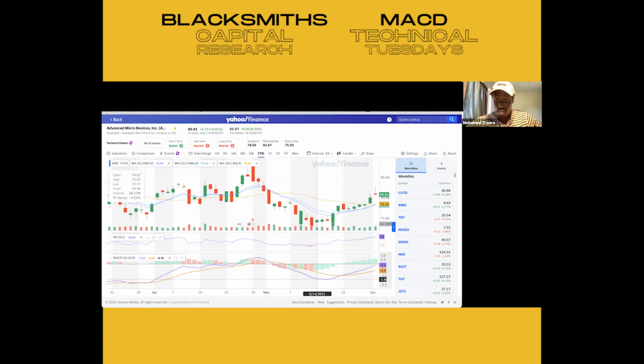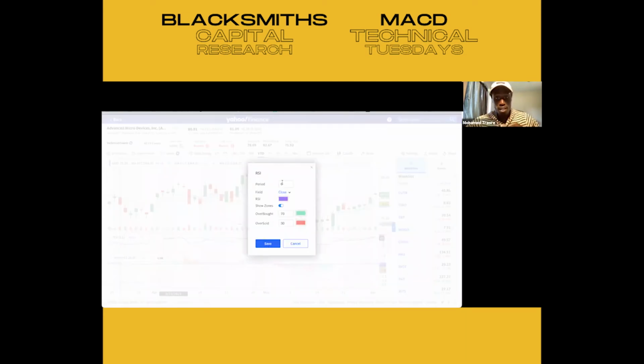So we have that increasing distance between the 12 and 26, so that MACD is growing, so that green histogram bar. All right, I have RSI on here as well, because MACD especially is a momentum indicator that's a lagging indicator. And I'm going to change my RSI to 14.